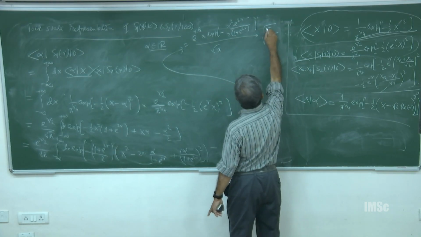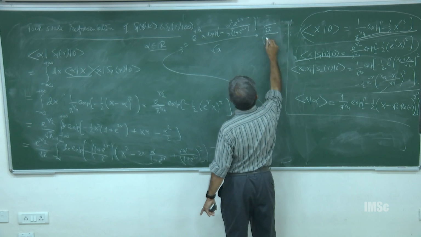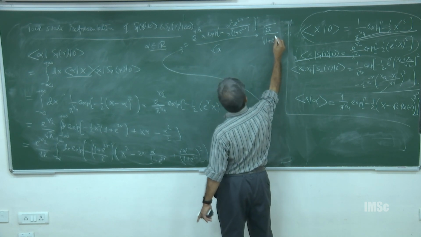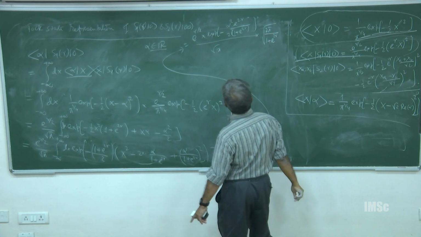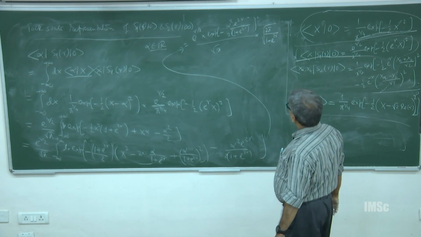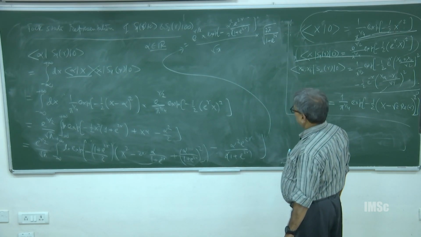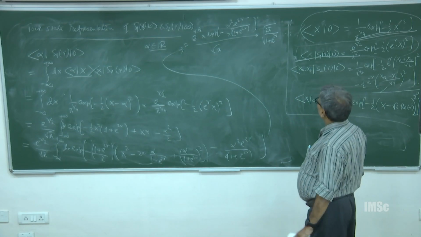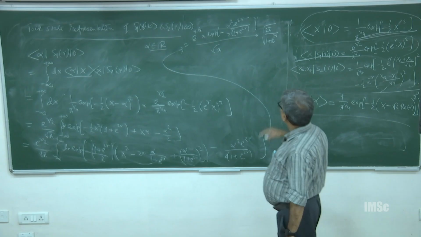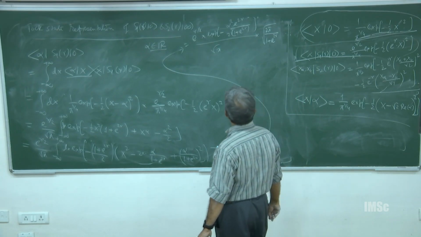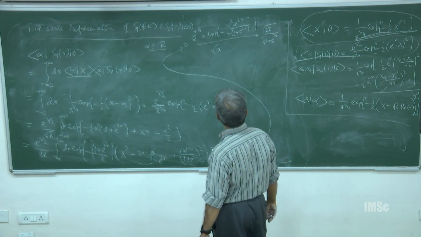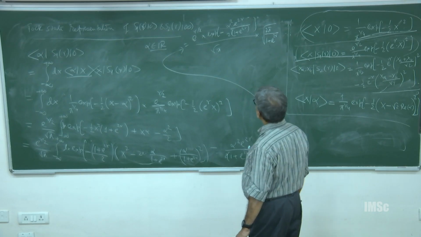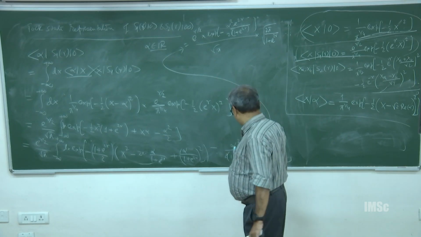So, this is twice pi 1 plus e to the power twice r. Yes, I think so. Okay. So, this pi will get cancelled. Anyway, some such thing will happen here.